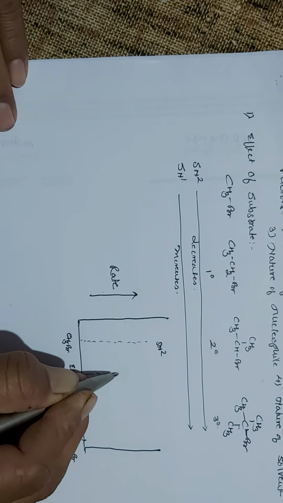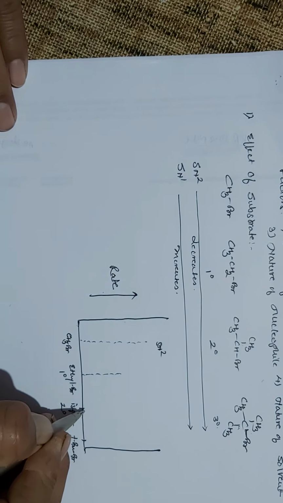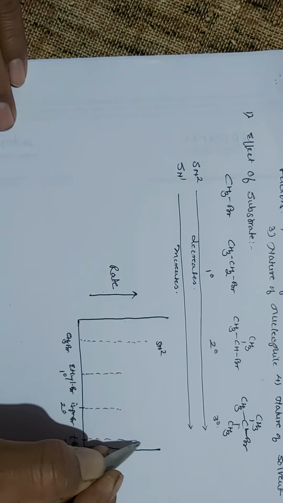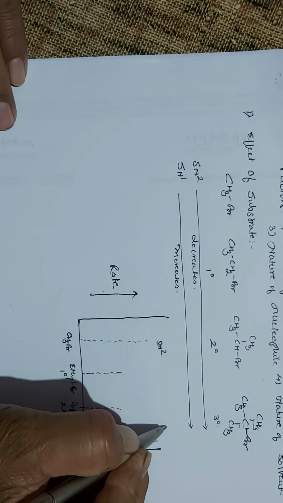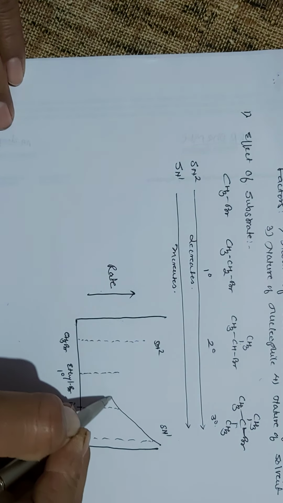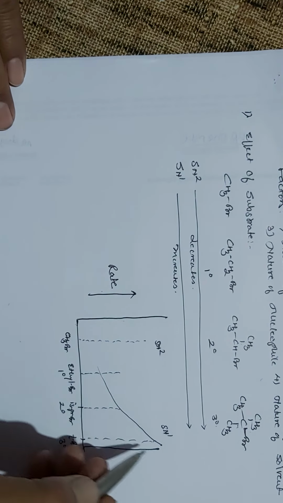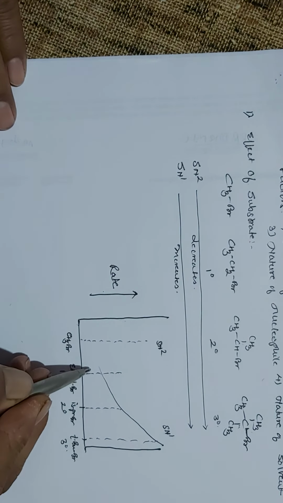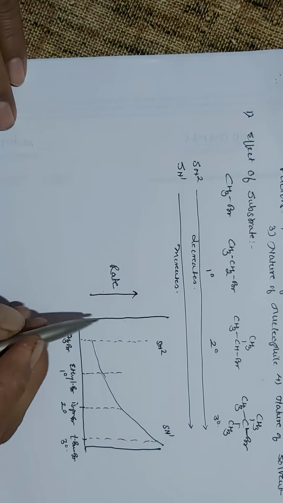Here the rate of SN1 is higher, and so the rate of reaction goes on decreasing from tertiary butyl bromide to isopropyl, isopropyl to ethyl bromide, and ethyl bromide to methyl bromide.